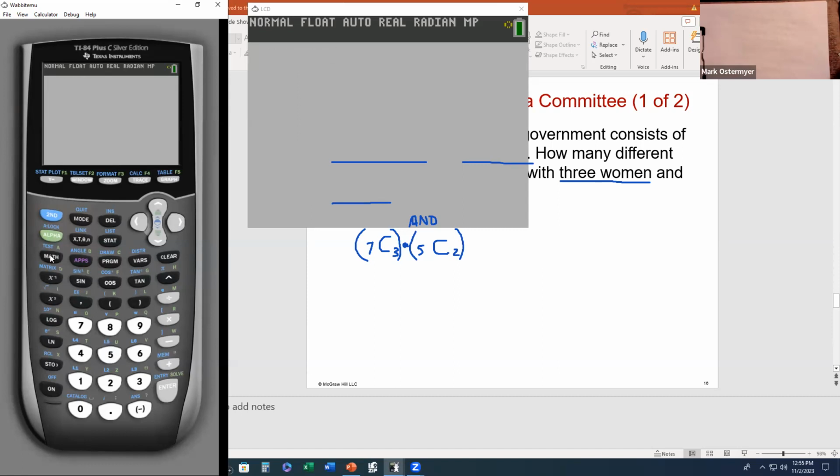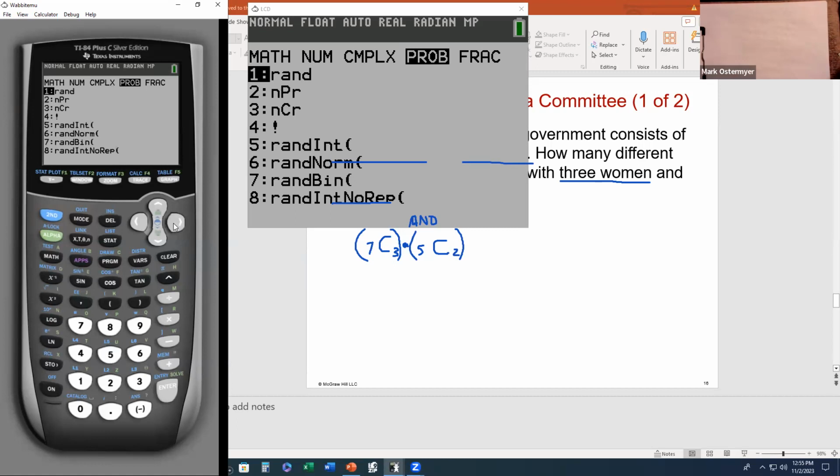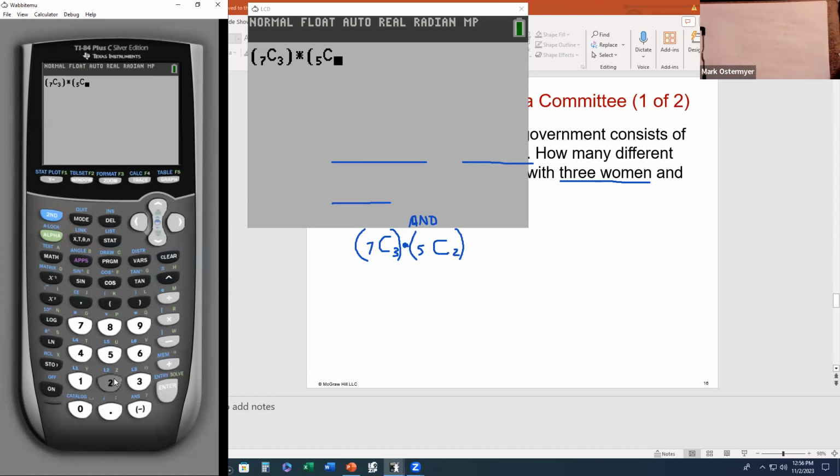So 5, math, probability, and we go down and grab the what function? Again, we grab the NCR function, and we're going to type in 2 there. 5 in combination with 2.